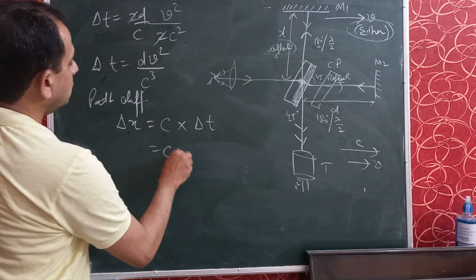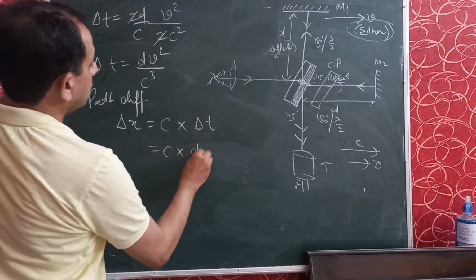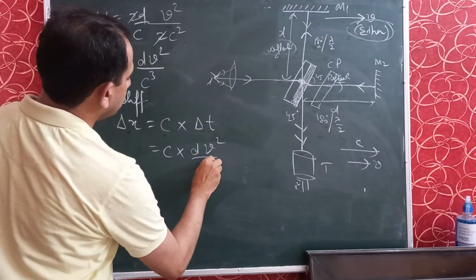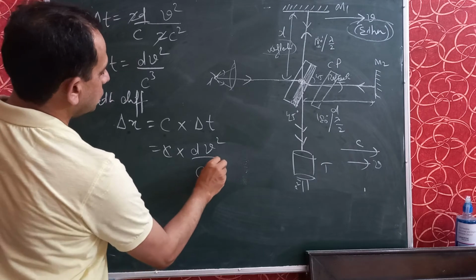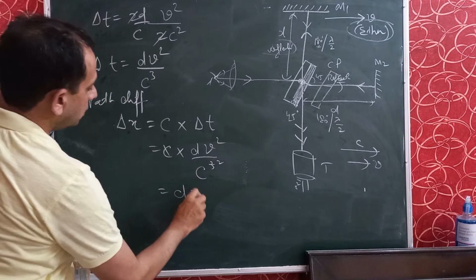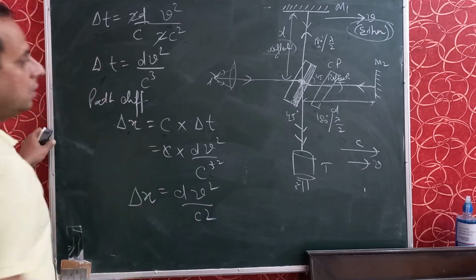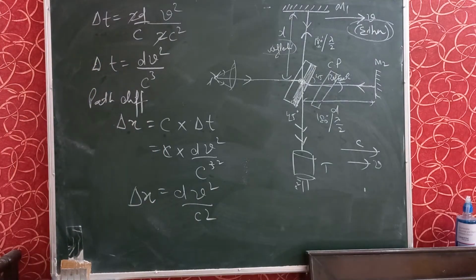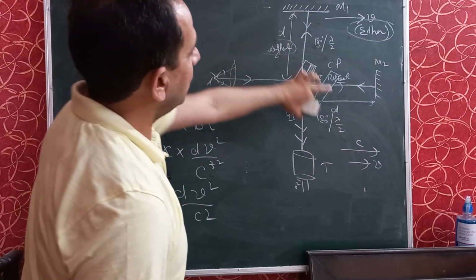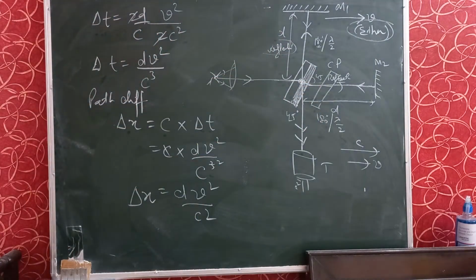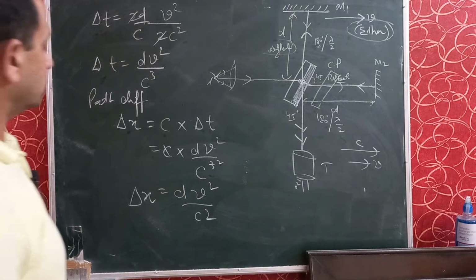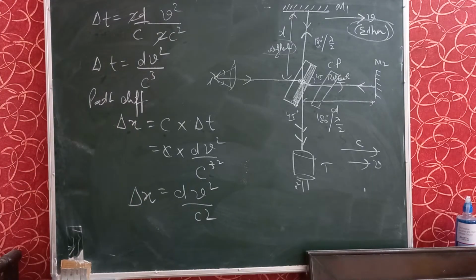So, with velocity c, the velocity of light, delta x is d into v square upon c cube, and c is cancelled with this cube, the remaining term is d into v square upon c square. This is the path difference. It means in one case the light travels more distance as compared to the first. So, this is the difference between their paths, the path difference.